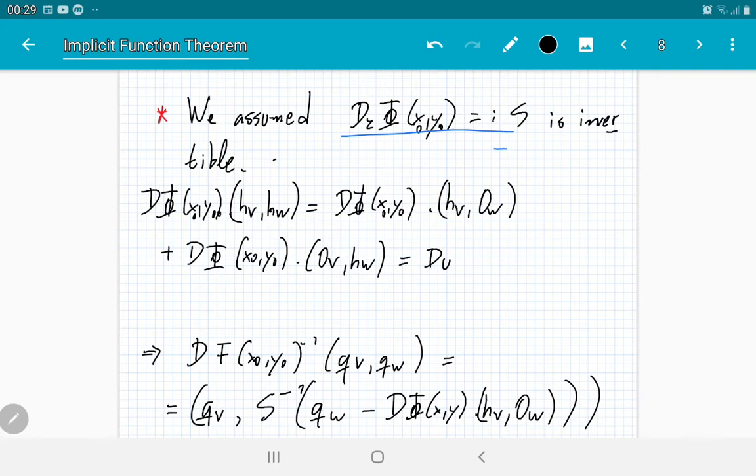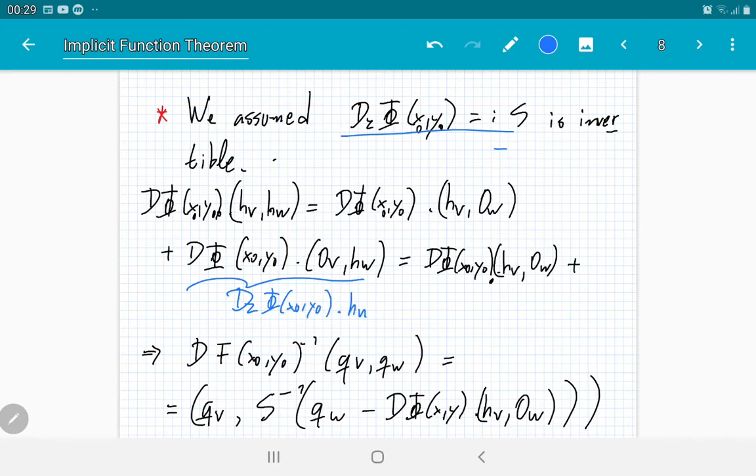So the first term is d1 phi x naught, y naught applied to hv, plus, well, this is our friend d2 phi x naught, y naught applied to hw. That's the definition of d2 phi. And I just called it s to make life a little bit easier. So that's s applied to hw.